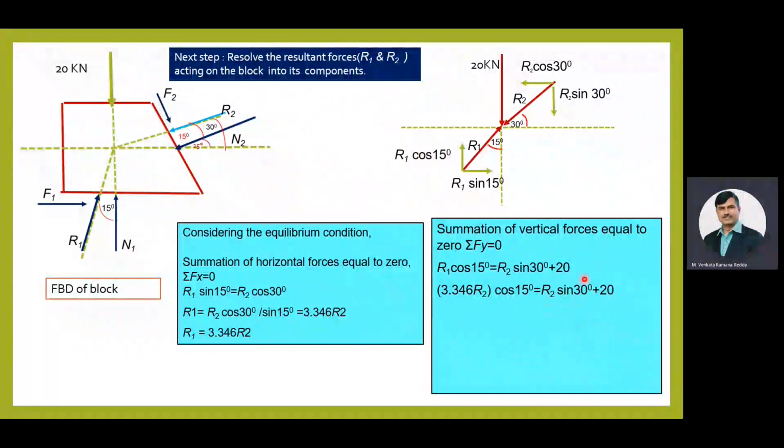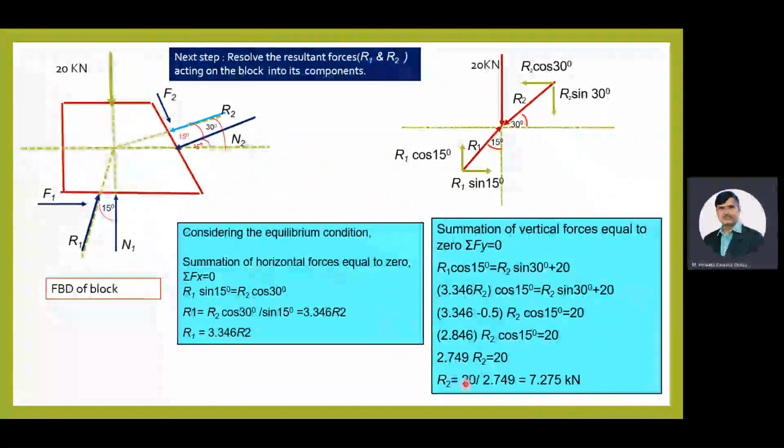Here sin 30 degrees is equal to 0.5 and we will take R2 sin 30 degrees to the left side. Then (3.346 minus 0.5) R2 cos 15 degrees is equal to 20. 2.846 into R2 cos 15 degrees is equal to 20. 2.749 R2 is equal to 20. R2 is equal to 20 by 2.749, which is equal to 7.275 kilonewton.